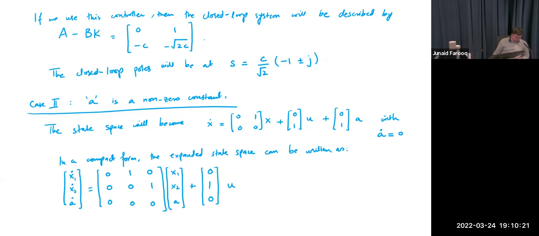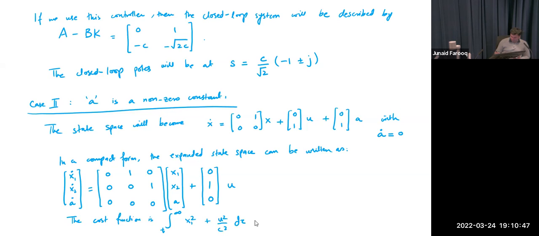Okay, so the cost function now is the same, but the Q and R matrices have to be redefined. So the cost function is the integral from t to infinity of x1 squared plus u squared over c squared, d tau.